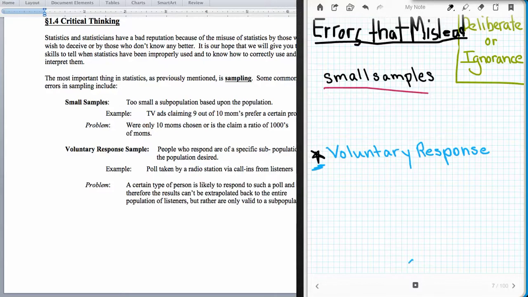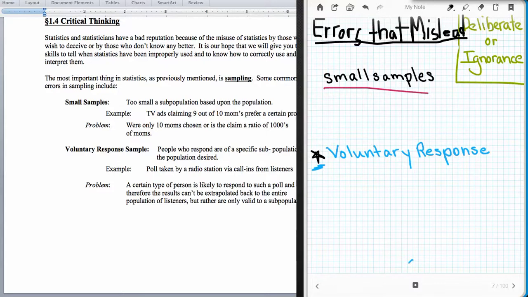Well, that's kind of a voluntary response survey. What that means is that somebody's going to give their opinion voluntarily, not randomly, right? They're being chosen based upon their ability to answer at that point in time.